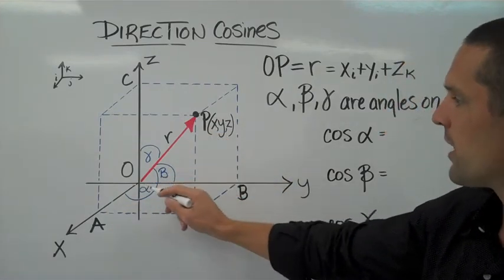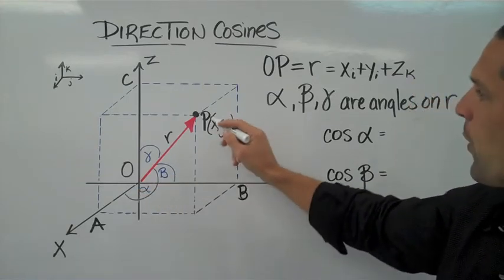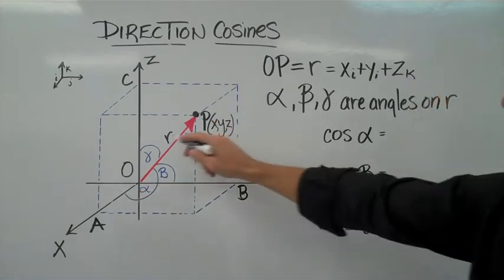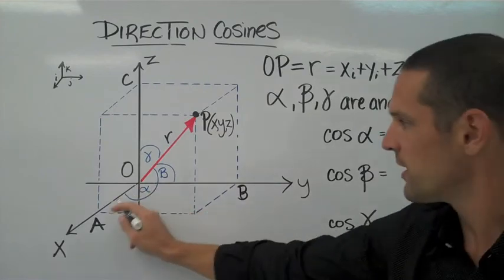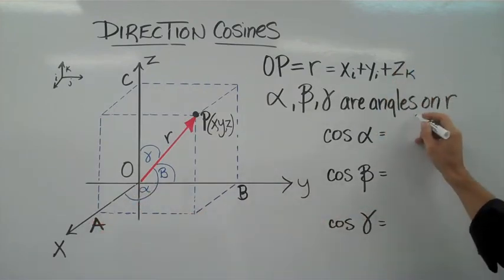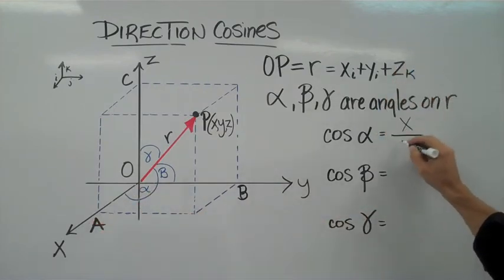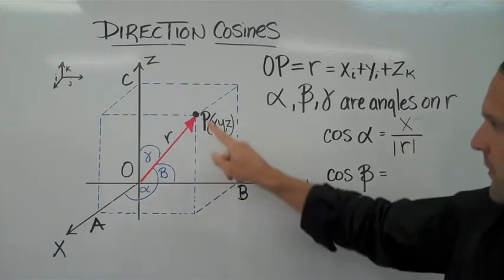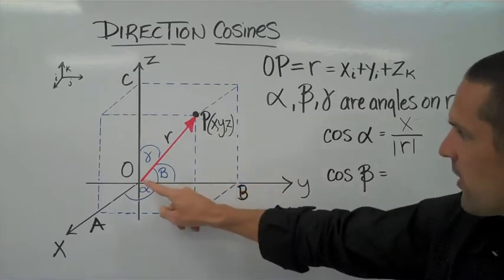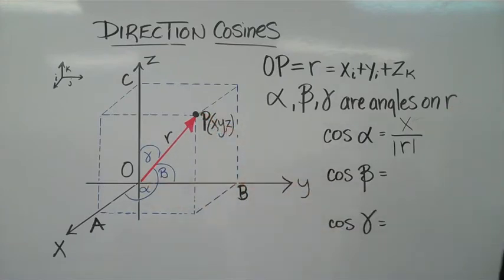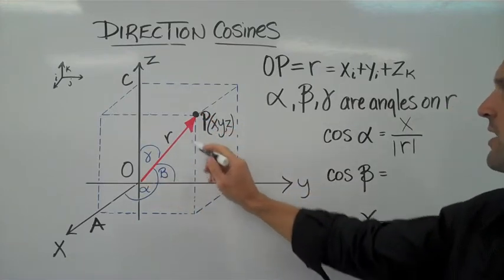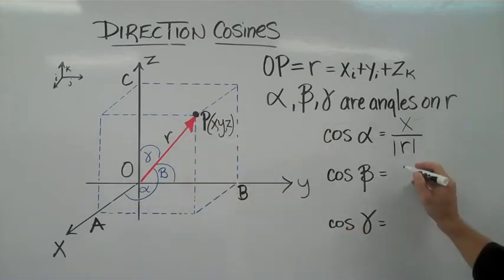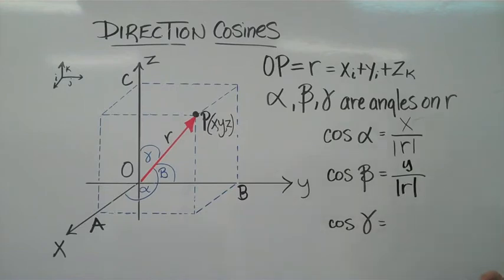Well, cosine alpha between our vector and the x-axis is equal to, well, if I consider the triangle OAP, what's cosine? It's adjacent over hypotenuse. Our adjacent here would be x. So we'd say that this is equal to x over the magnitude of r. And cosine beta, if I think about closing this triangle here, OBP, cosine beta is adjacent over hypotenuse, which would be y over the magnitude of r.